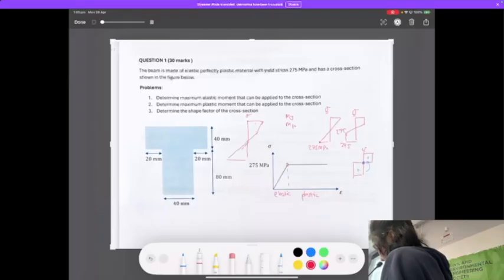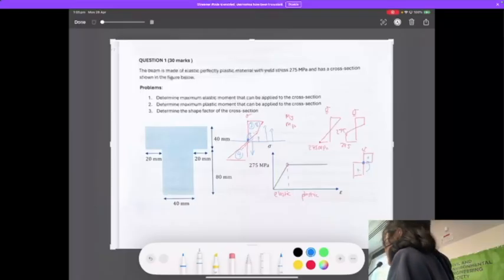So then you have to find shape 1, shape 2, shape 3, shape 4. Then you take the moment around the neutral axis, find this lever arm, this lever arm, this lever arm, this lever arm, and sum it all together. So that's how you would do a plastic moment question, like this one in particular.